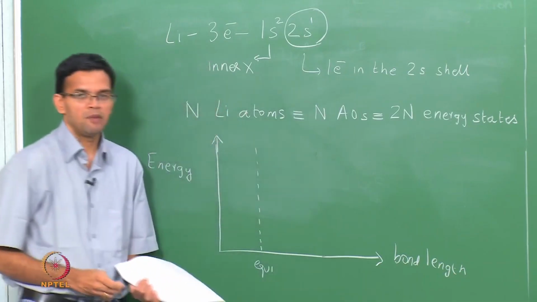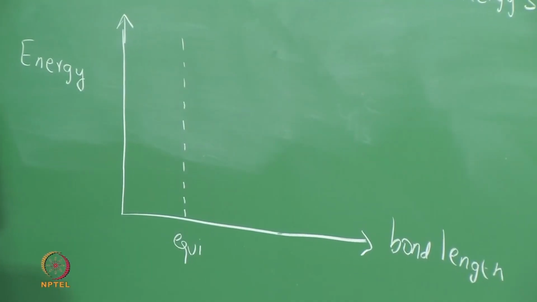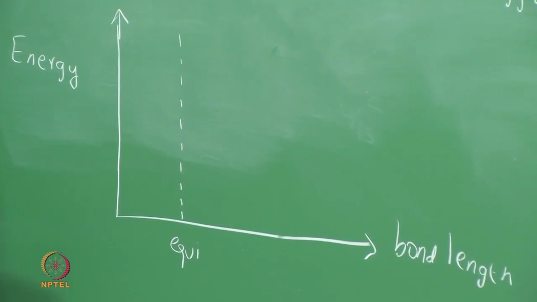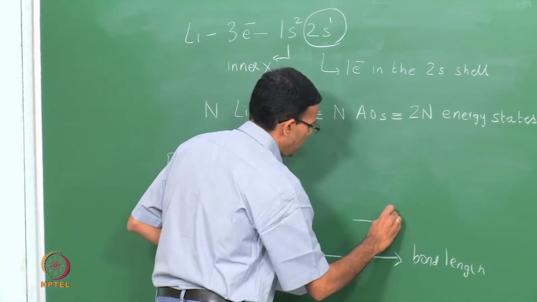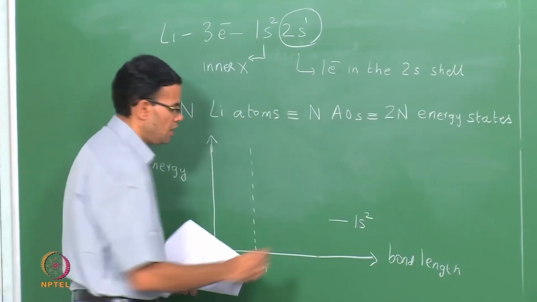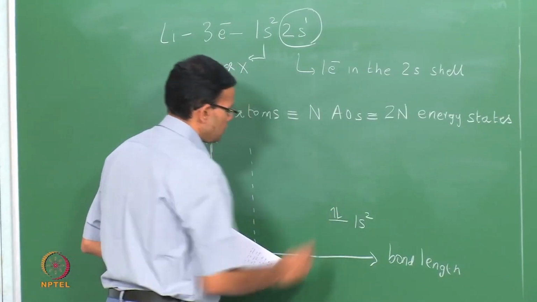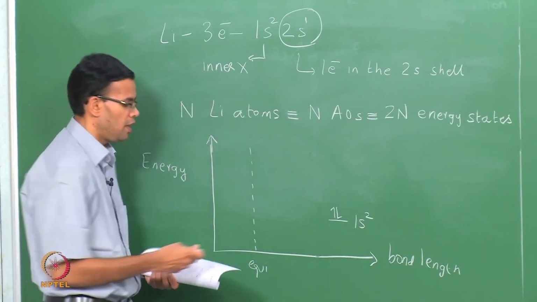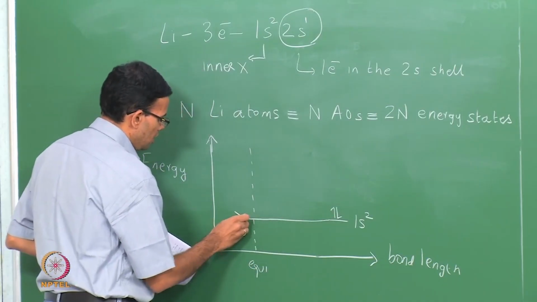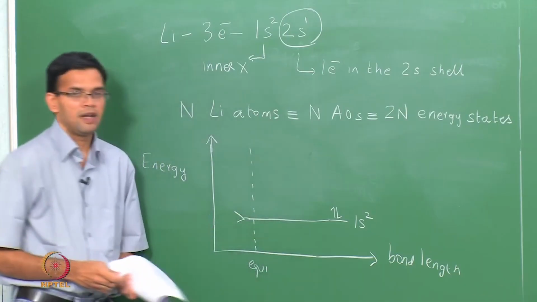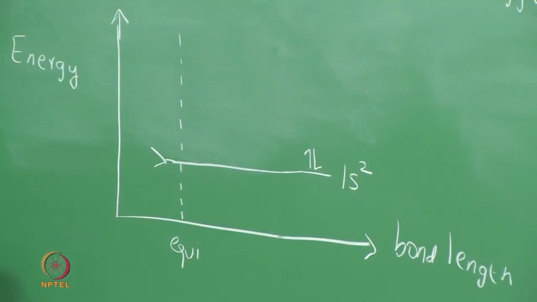This is the equilibrium spacing of the lithium atoms when they come together to form a solid. So, you have the 1s2, which is an inner shell, it has 2 electrons. As I said, the inner shell does not take part in bonding, so it remains a straight line, it does not form a band.